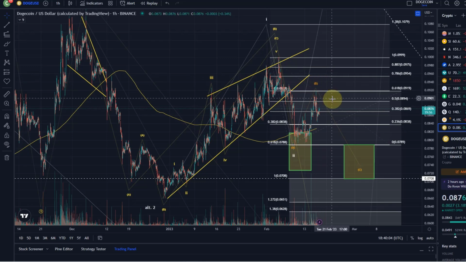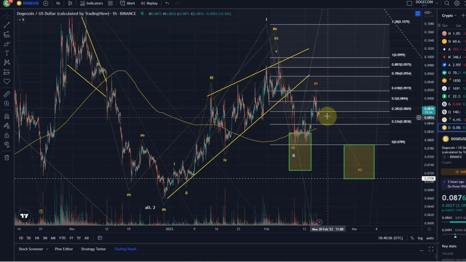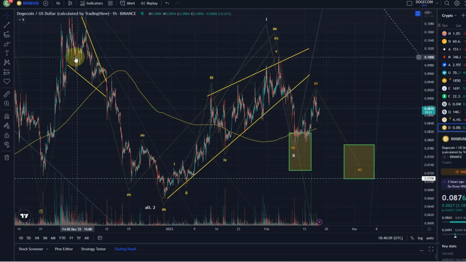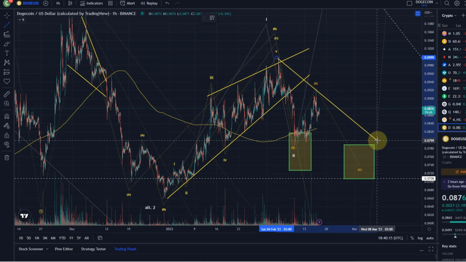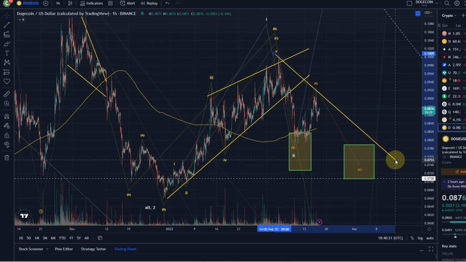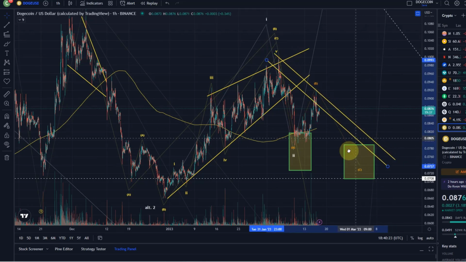Now, another way of calculating a target in a zigzag pattern for a C wave is not only by using the 1-to-1 ratio. Assuming the wave B top is in place, we can also draw a trend line here and then just draw a parallel channel and see where that might take us.